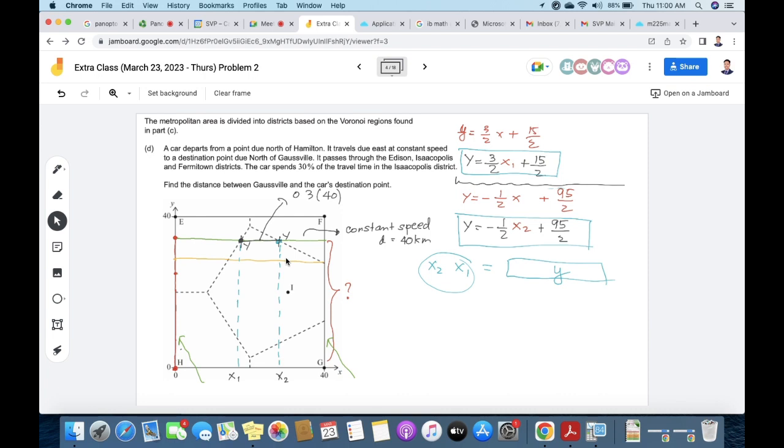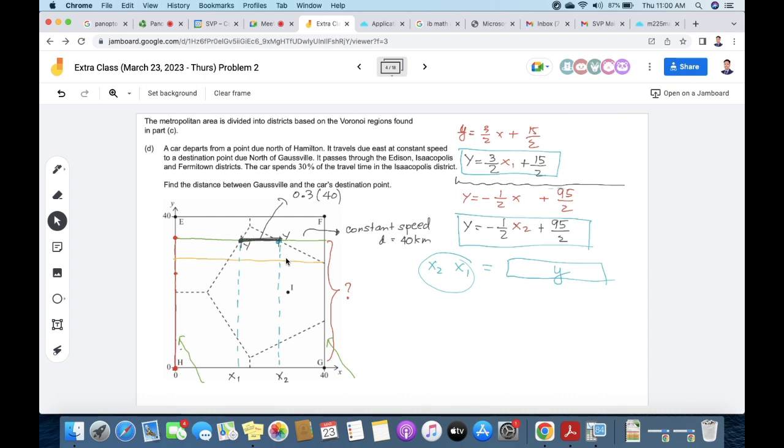So there's no town by which the car traveled faster. Traveling faster means covering it in a shorter time. And there's no town where the car traveled slower. All throughout the journey going to the east, it's a constant speed. So we can safely assume that 30% of the total distance has been covered here.